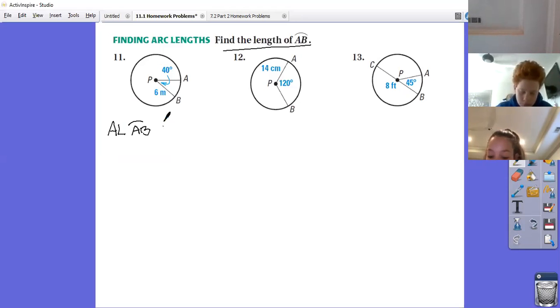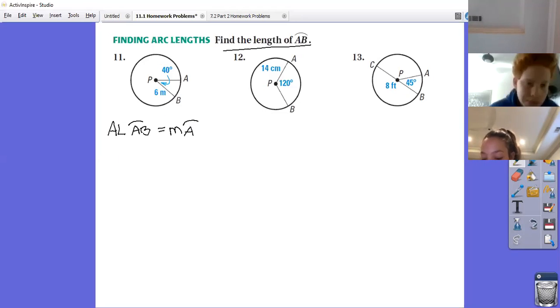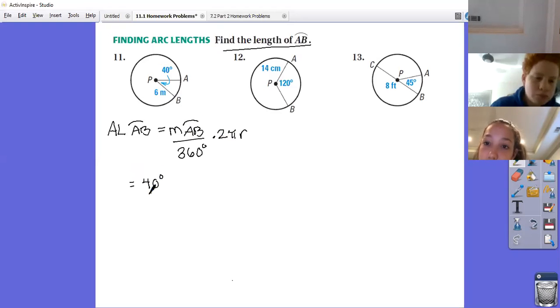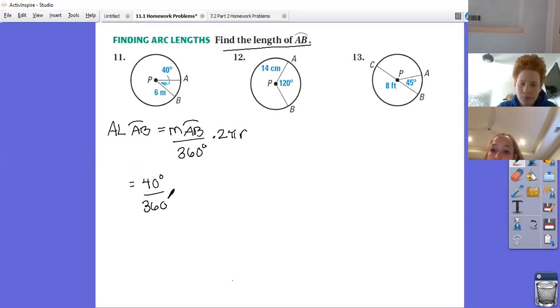Arc length of AB is going to be the measure of the arc. So that's where we're going to use the arc measure out of 360 times the circumference. I know the measure of arc AB is 40 degrees out of 360. And then I know the radius is 6, so I'll plug that in for 12 pi.